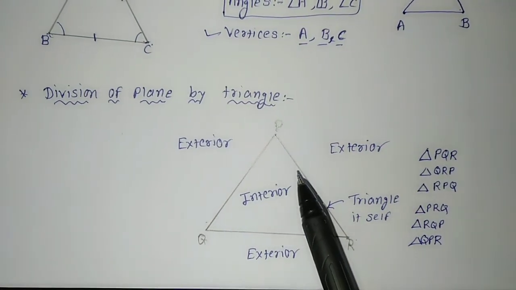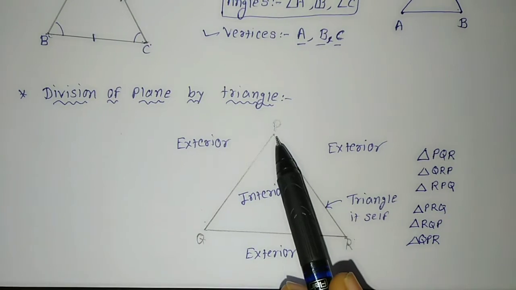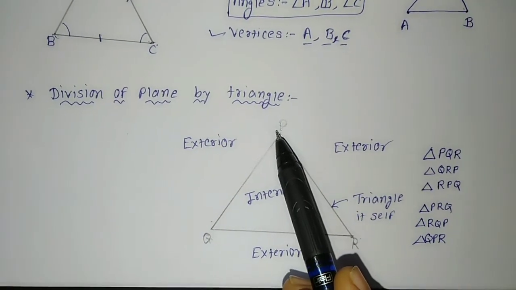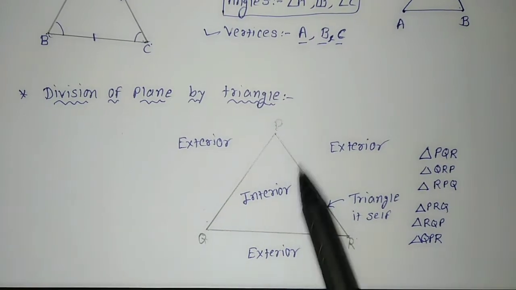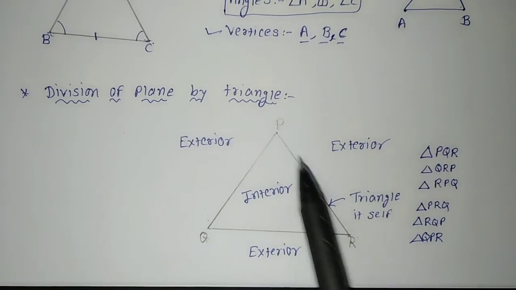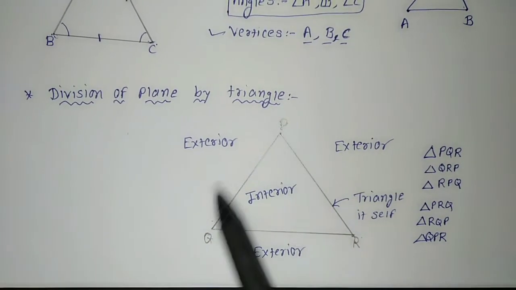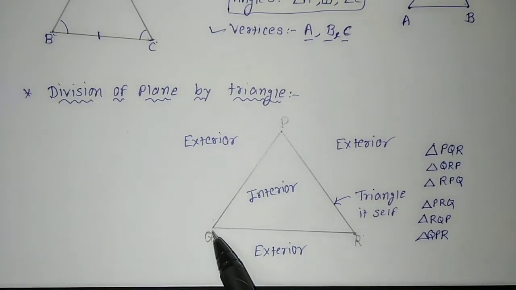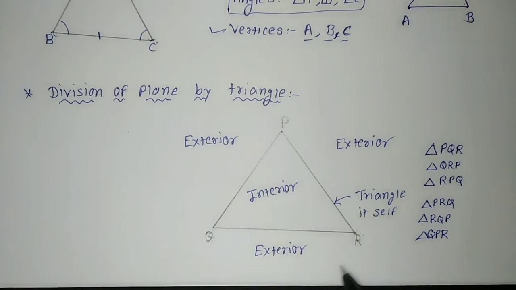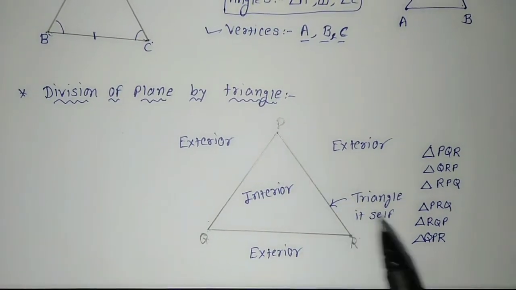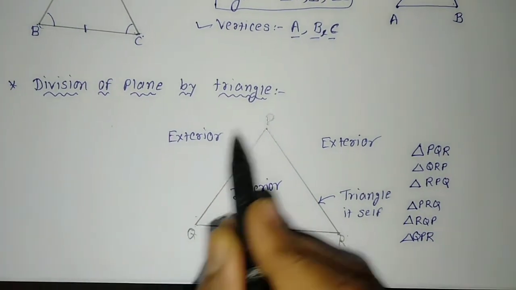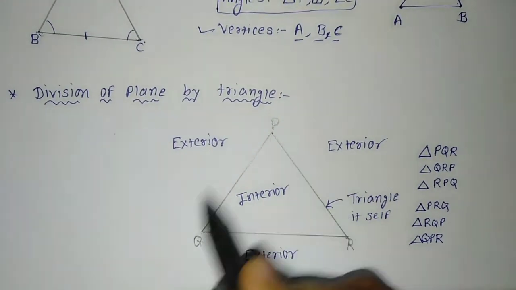So remember, when we need to give the name of the triangle, we can start with any vertex and go clockwise or anti-clockwise. So if we start with P, it is PQR or PRQ. If we start with Q, clockwise it is QPR and anti-clockwise it is QRP. If we take vertex R, then clockwise it is RQP and anti-clockwise RPQ.